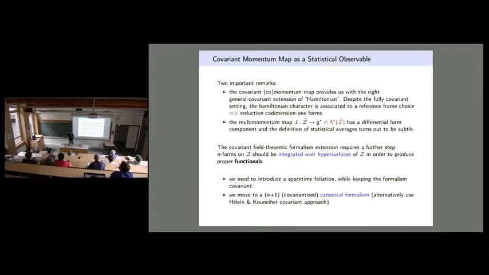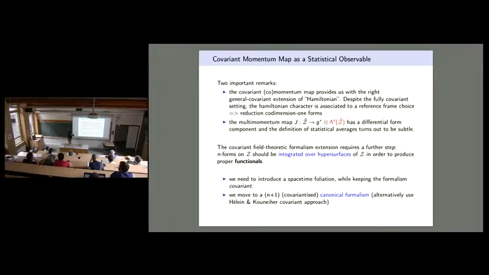Once I integrate it, then I have a functional, which is my observable again. Also Frédéric Hélène was describing how to define an observable by integrating over hypersurfaces on the phase space, which are actually the graphs of solutions, so in a covariant way. In this case, we will not do this. We will just integrate this on proper n-dimensional hypersurfaces, which are given by a canonical approach, so a Cauchy surface.